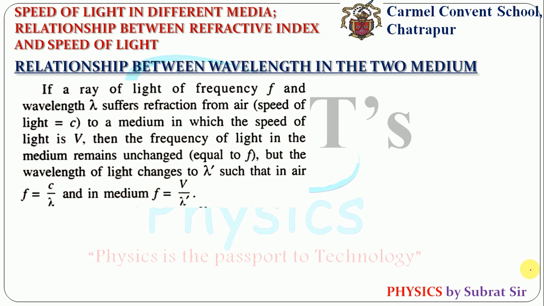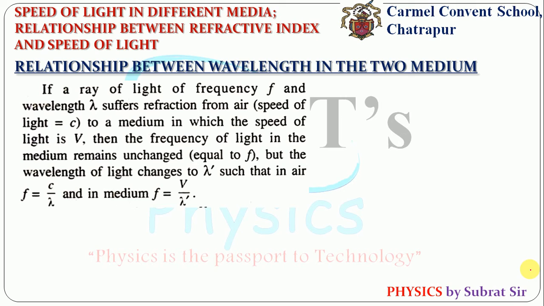Then for air we can write the frequency f is equal to c by lambda, where lambda is the wavelength, but for the medium f is equal to v by lambda dash, which is the wavelength of the light in the medium.